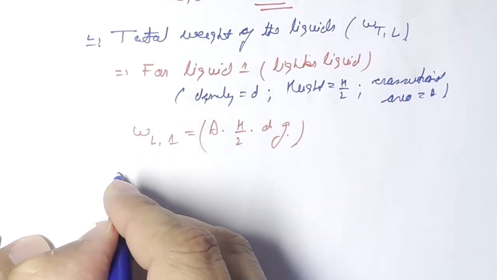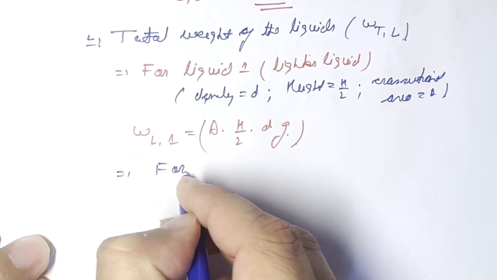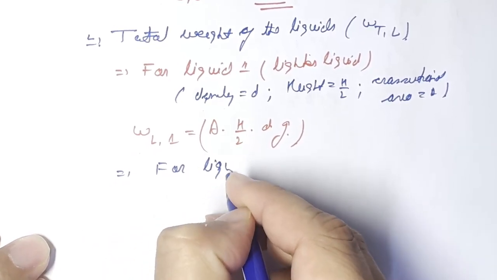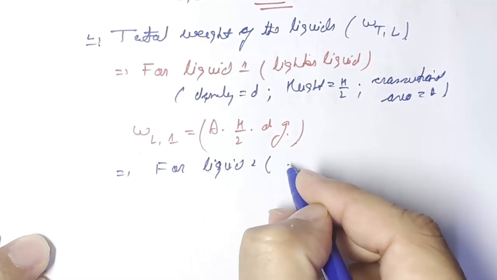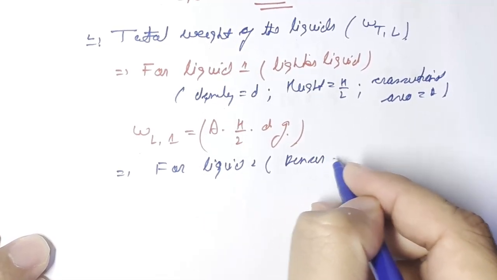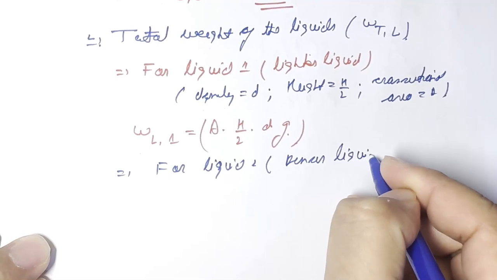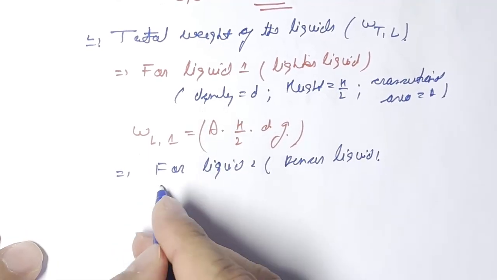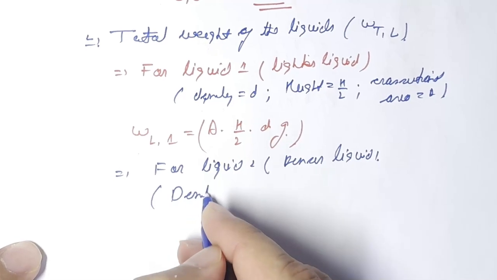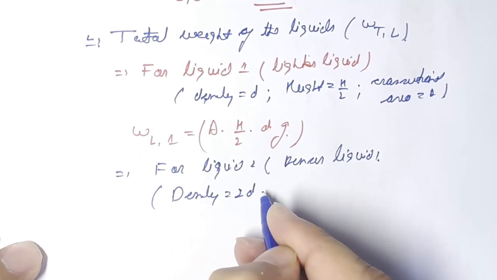Similarly, we can do it for liquid 2, which is the denser liquid, and its density is equal to 2d.